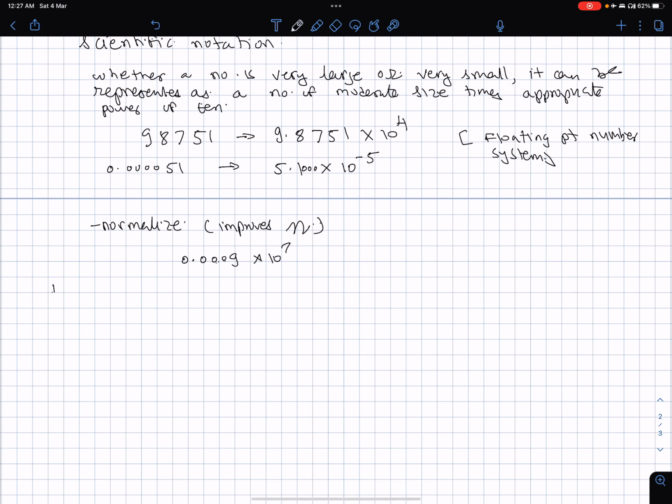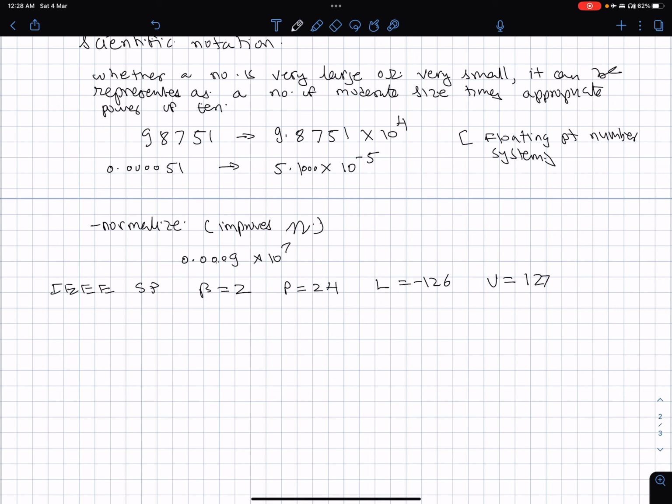If you come to the IEEE single precision system, for example, beta will be 2, and precision will be 24, so D0, D1 up to D23. The lower limit is set to minus 126 for the exponent, and the upper limit is set to 127.